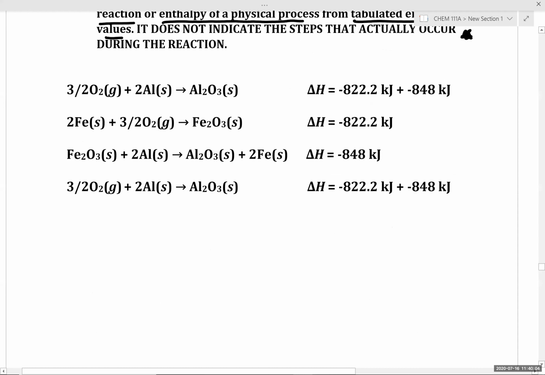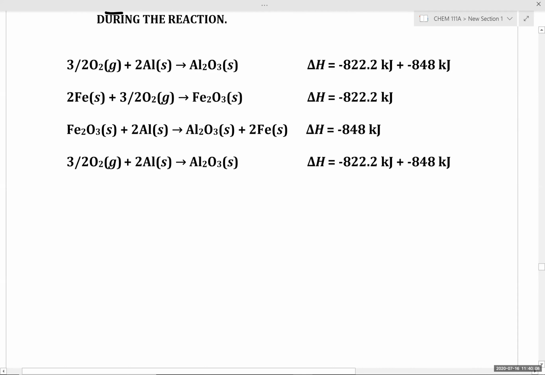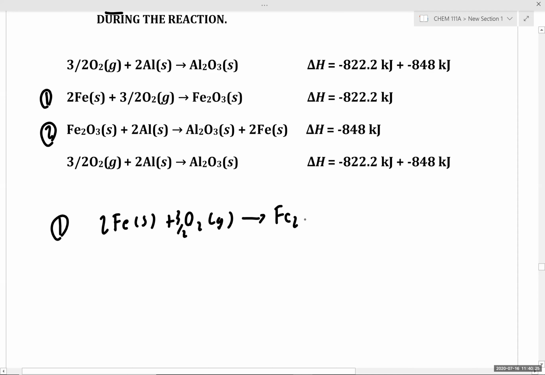So again, just to draw a picture, in our individual steps, we have step 1 and step 2. In step 1, we have iron solid reacting with oxygen gas to yield iron 3 oxide.